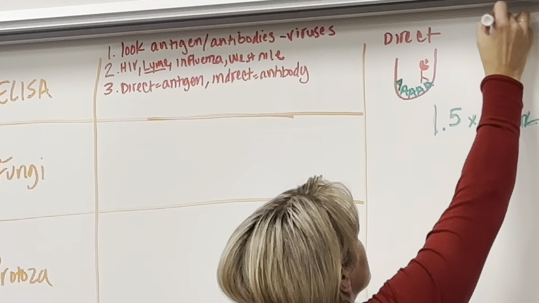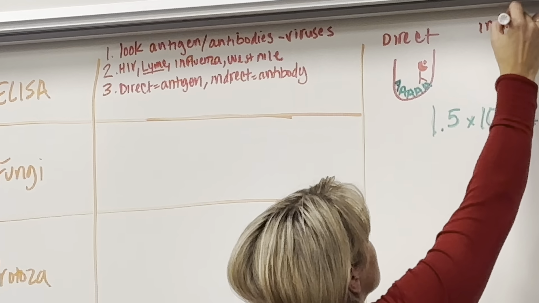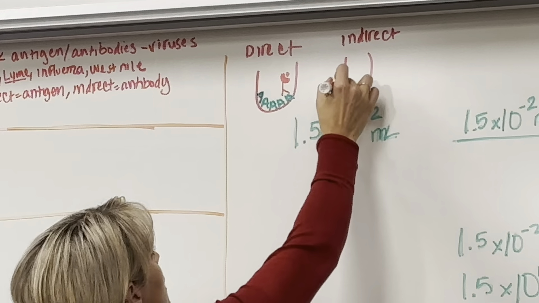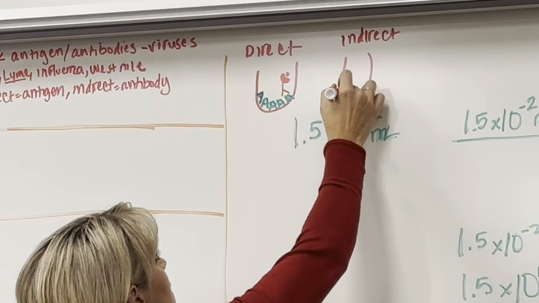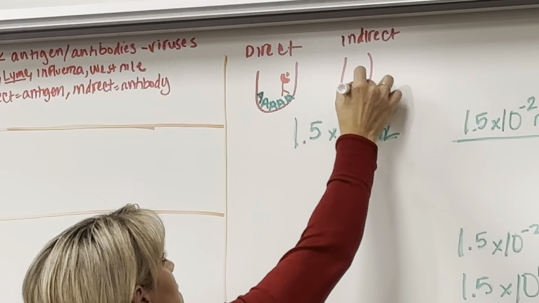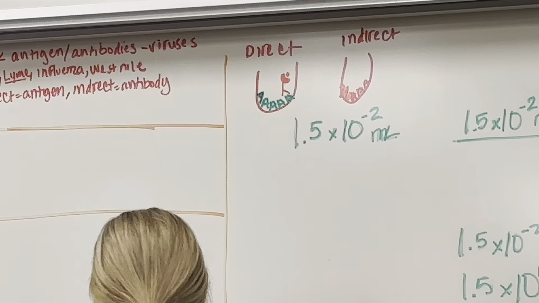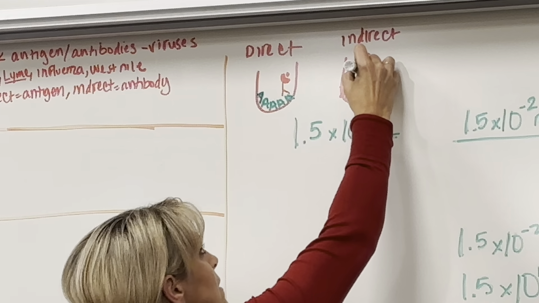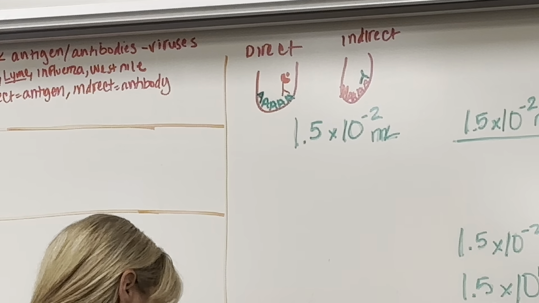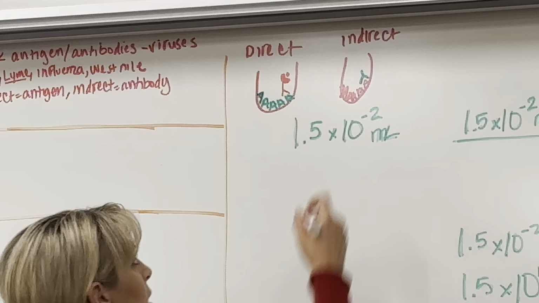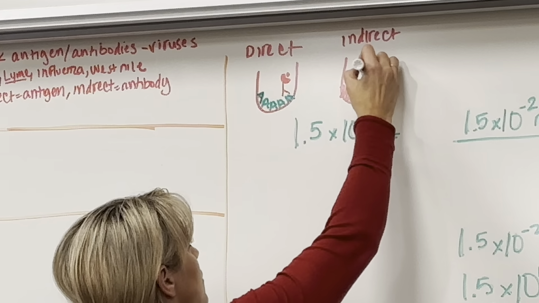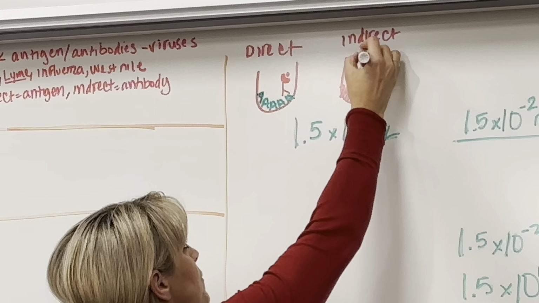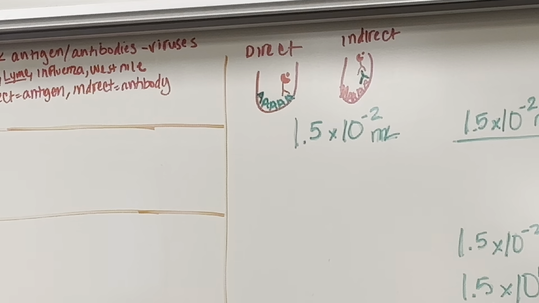And then our indirect. These were our store-bought antigens. Then we have our patient's antibodies. Then we have an anti-antibody, or a secondary antibody with the enzyme and the chromogen.